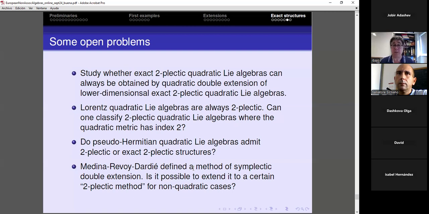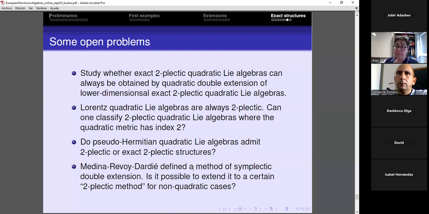linked exactly with the next item there, which is whether pseudo-Hermitian quadratic Lie algebras admit two-plectic or exact two-plectic structures. What is a pseudo-Hermitian quadratic Lie algebra? Just to give the definition very quickly. You have a quadratic Lie algebra, but besides you have a complex structure on the Lie algebra such that it is skew-symmetric with respect to the quadratic form.